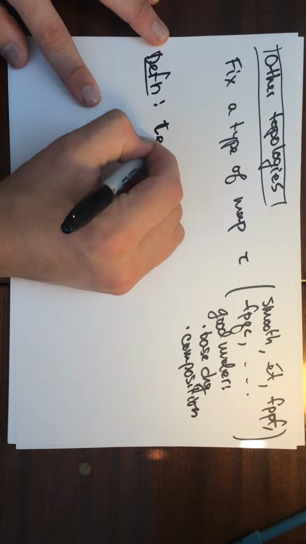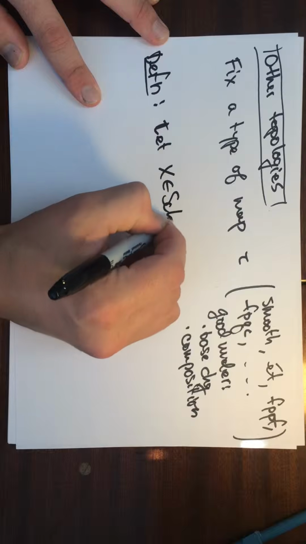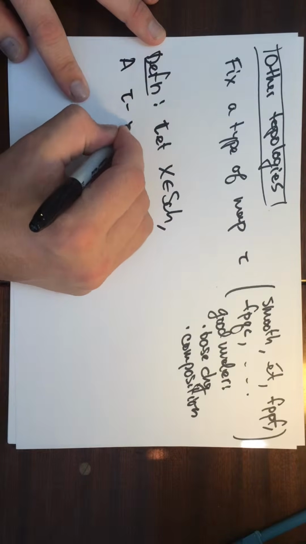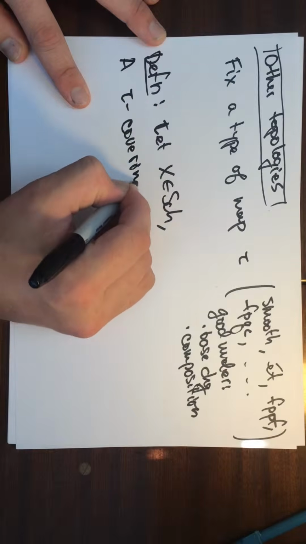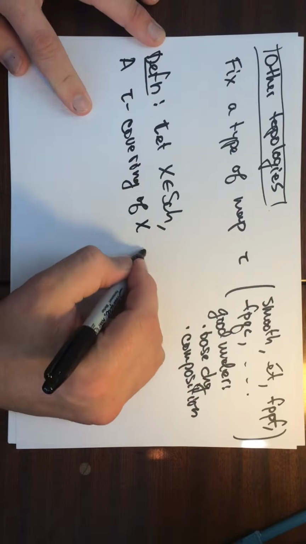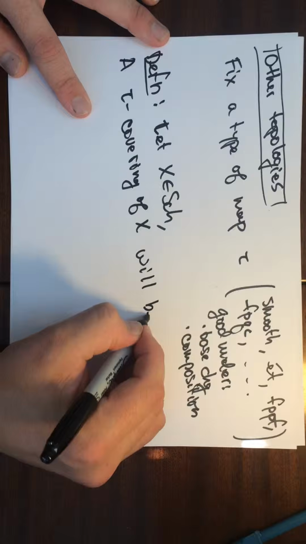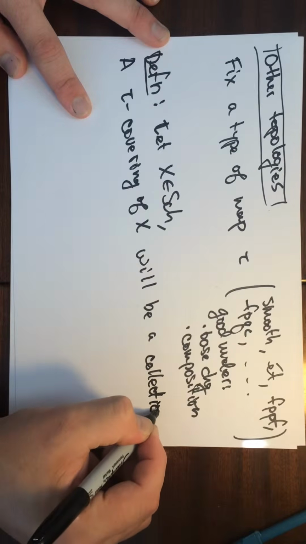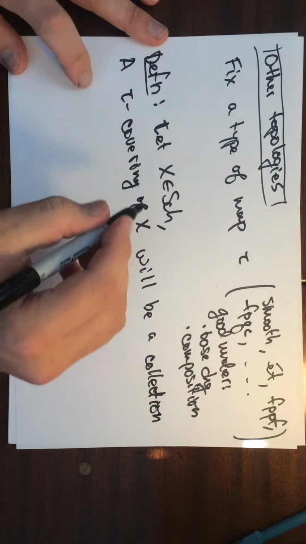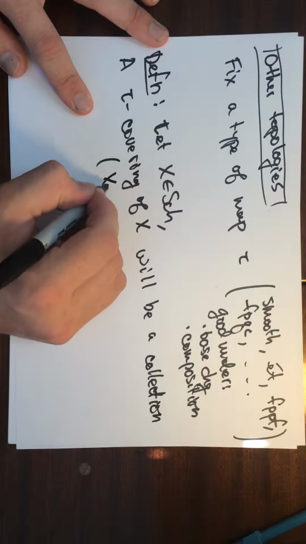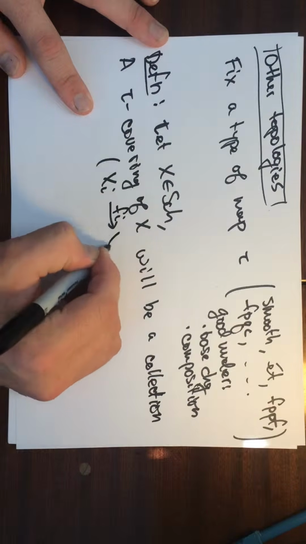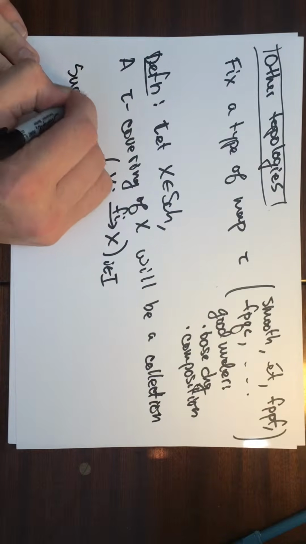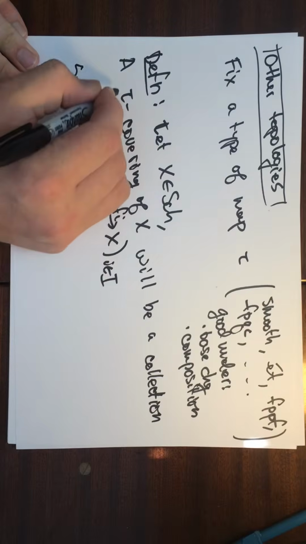So let X be a scheme. Then a tau covering of X will be a collection of maps f_i to X for i in I, such that two things hold.